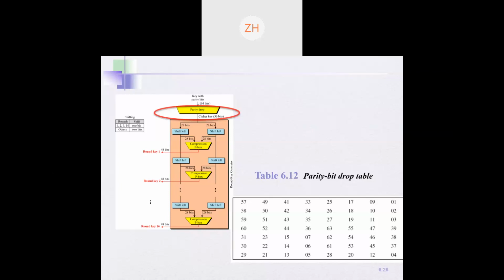This is for the key generation algorithm. After the shift left, each half is combined back, so it becomes 28 bits. After the 28 bits are compressed through the permutation box, it becomes the 48 bit key.